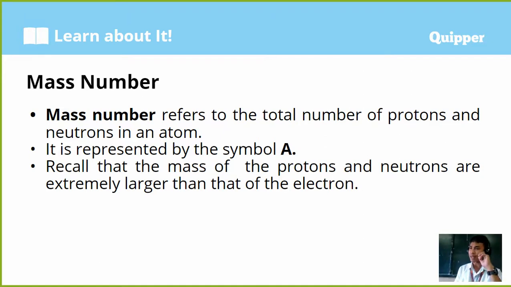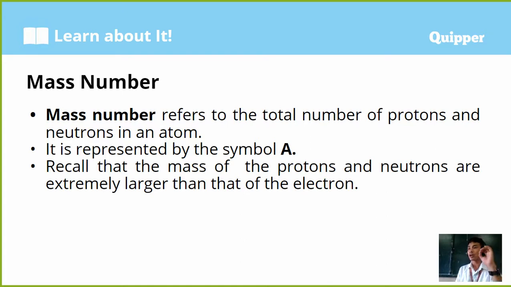Sometimes they refer to mass number as atomic mass, or atomic weight. Different references can use different terms like this: mass number, atomic mass, or atomic weight. But that pertains to the same thing.